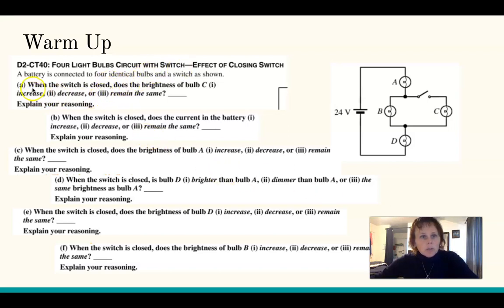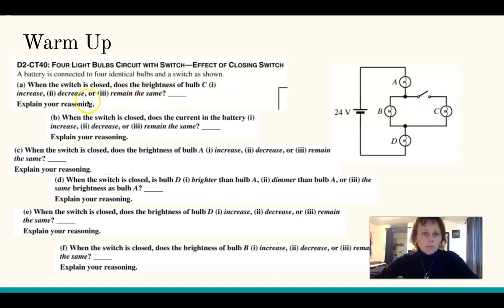The first question is asked: when the switch is closed, does the brightness of bulb C increase, decrease, or remain the same? So it's asking in comparison to the open switch.